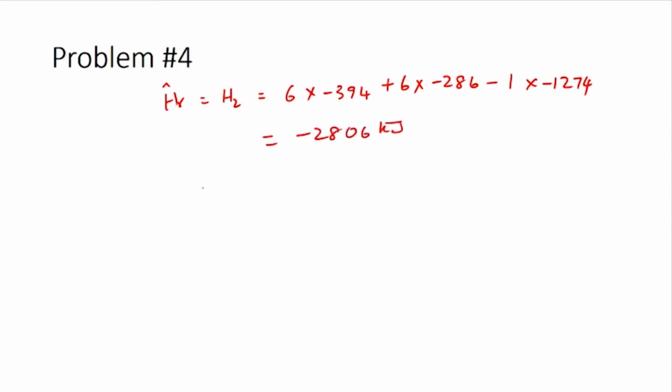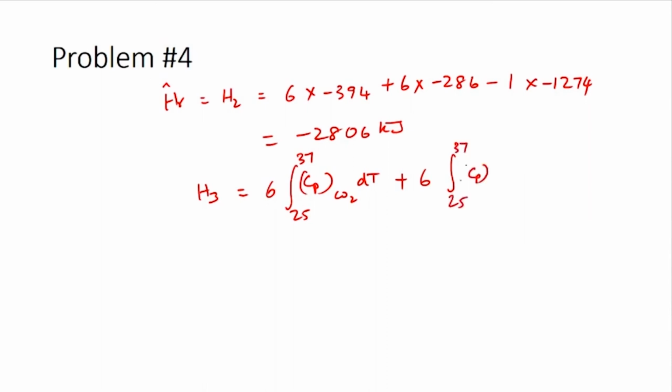And the next step, H3 would be equal to, again, we are now heating 6 moles of carbon dioxide and 6 moles of water from 25 degrees Celsius to 37 degrees Celsius. So, for carbon dioxide it will be 6 times integral Cp of carbon dioxide dT from 25 to 37, plus 6 times, this second term would be for water, from 25 to 37 Cp of water dT.